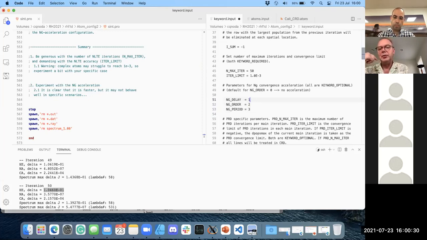So the intensities are slightly different, and there might be some differences in the convergence. And maybe physically, when you add velocities in a certain way, the problem becomes a little bit easier for the radiation field, so it might converge easier that way too. But I think the main difference is probably the formal solver you use when you have velocities or not.